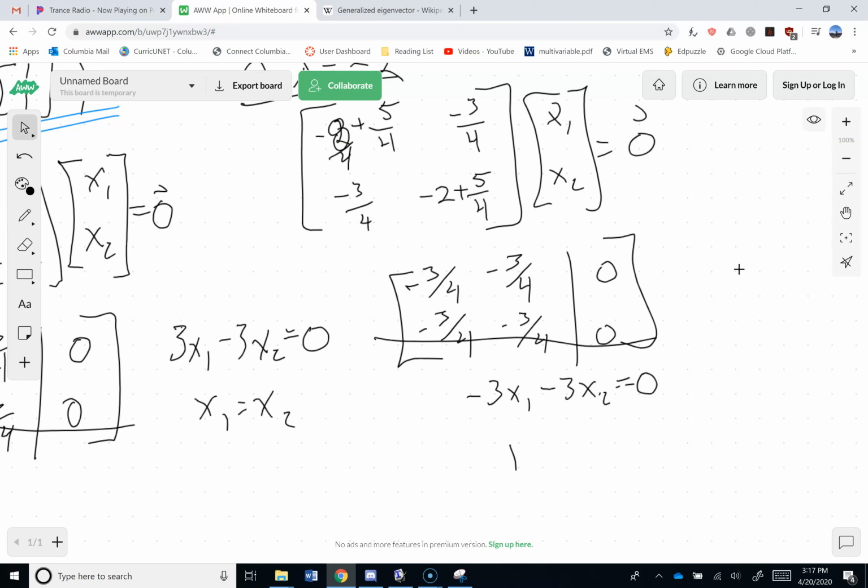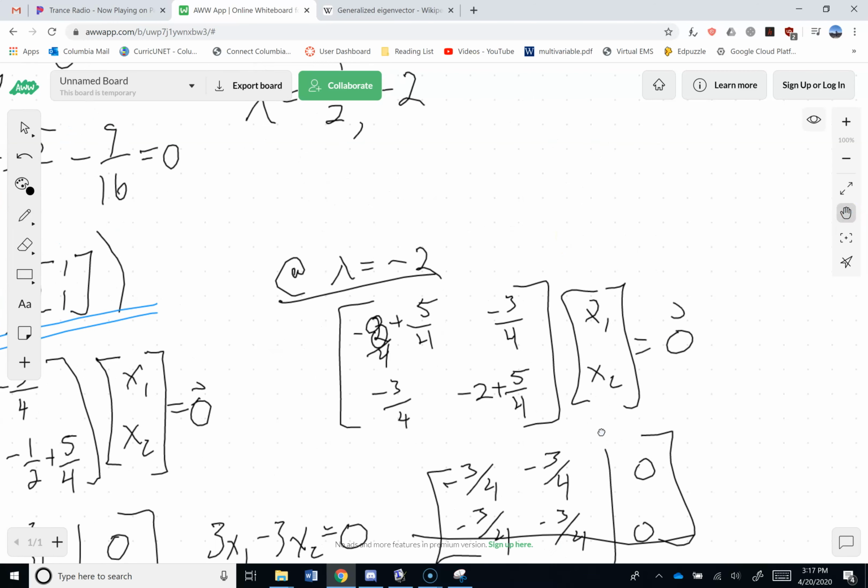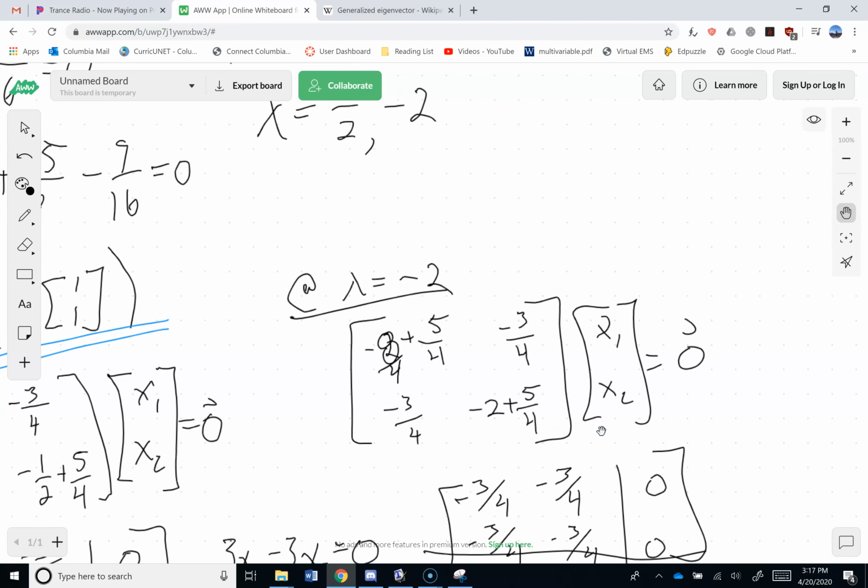Oops, that's not how you write vectors. Okay. And -2 is lambda. Perfect. So going back up, that is -2 comma 1 -1, is an eigenpair.